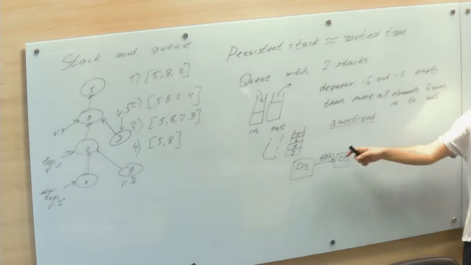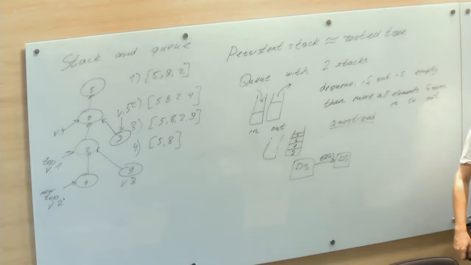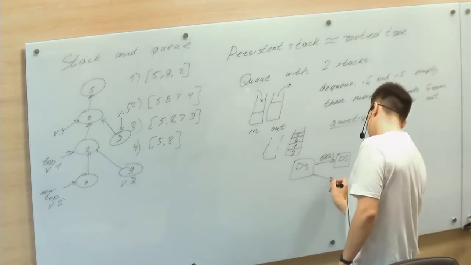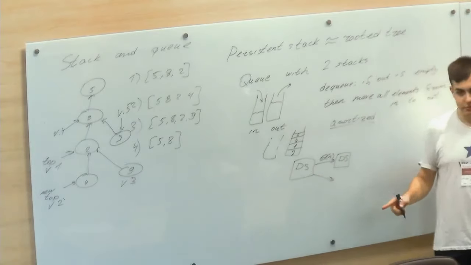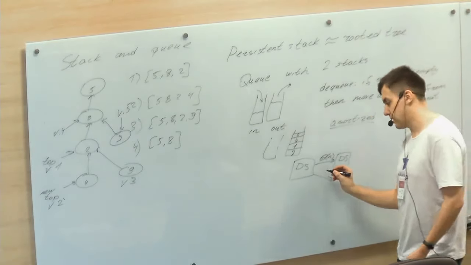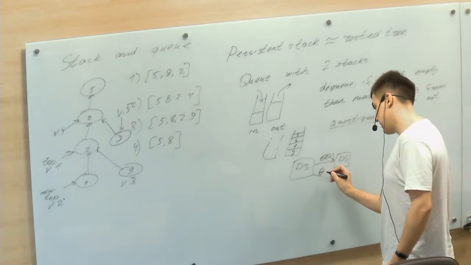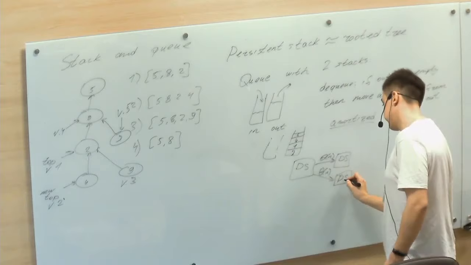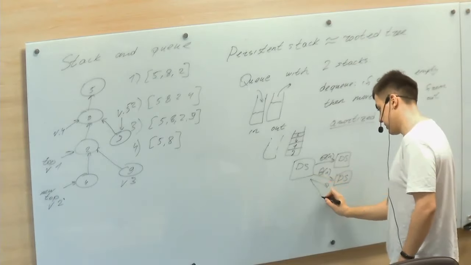But now we want to modify all the previous versions. So we can do the same operation, and this again will take linear time, and so on and so on.